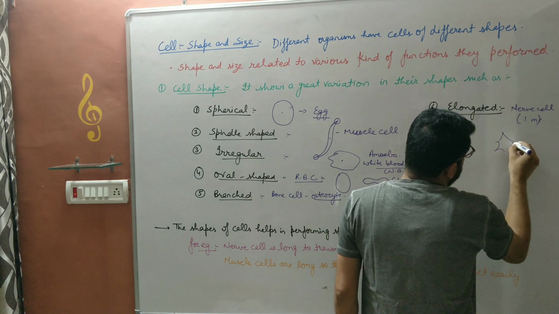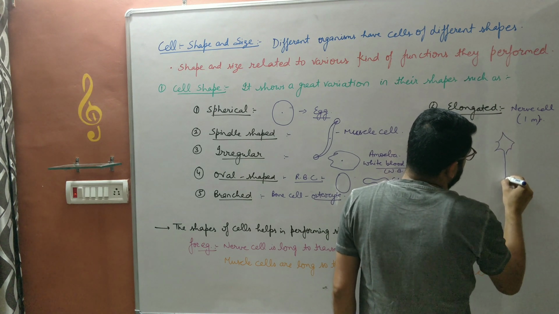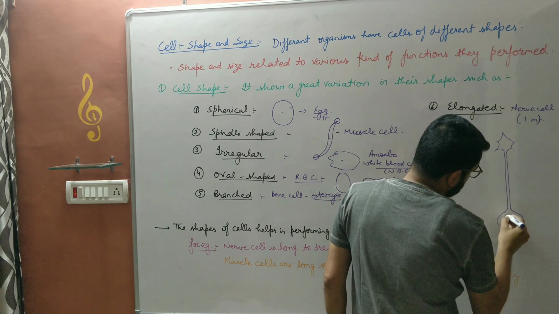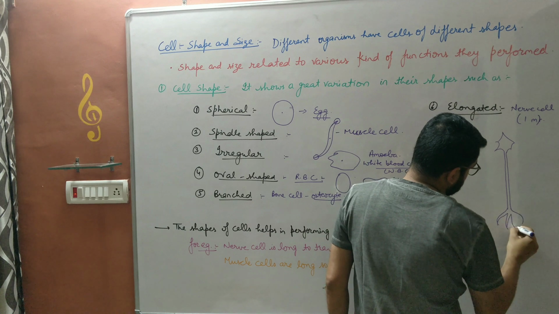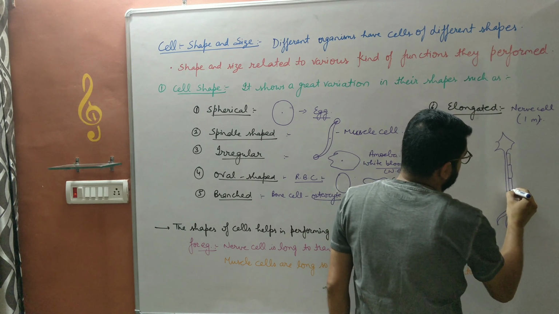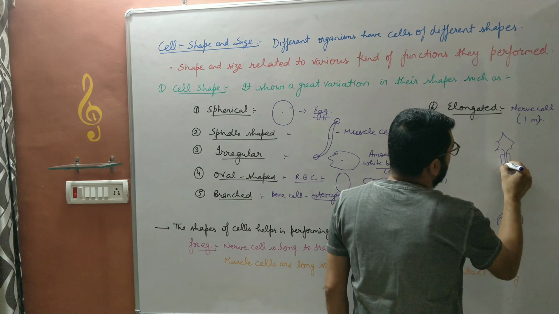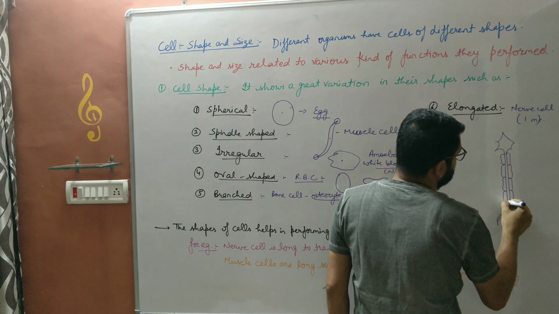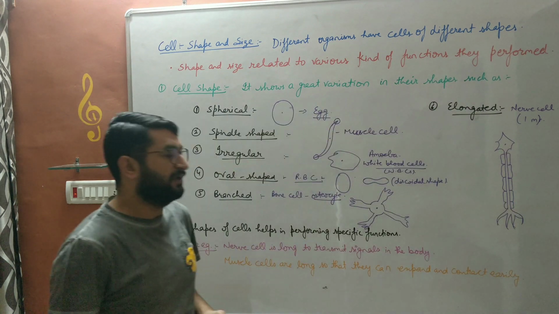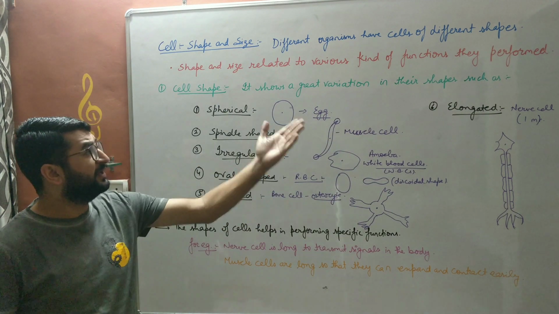From the upper region it is star-like, and then it has a fiber-like structure like this. So that is an elongated cell. That cell is the nerve cell. Neuron, the longest cell of the human body. So elongated shape है बच्चे.